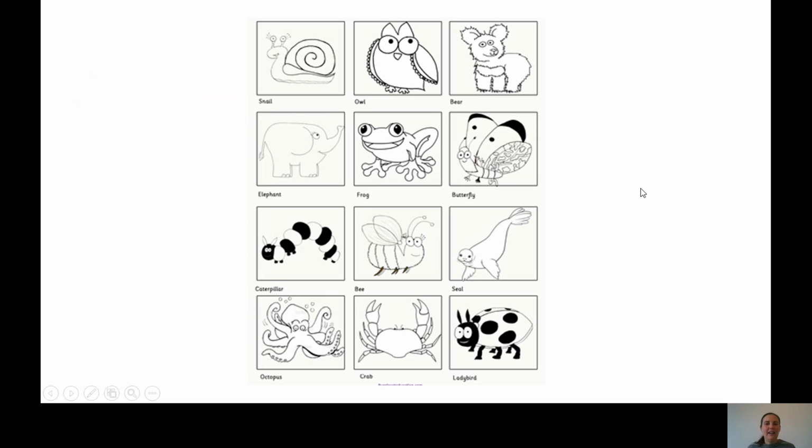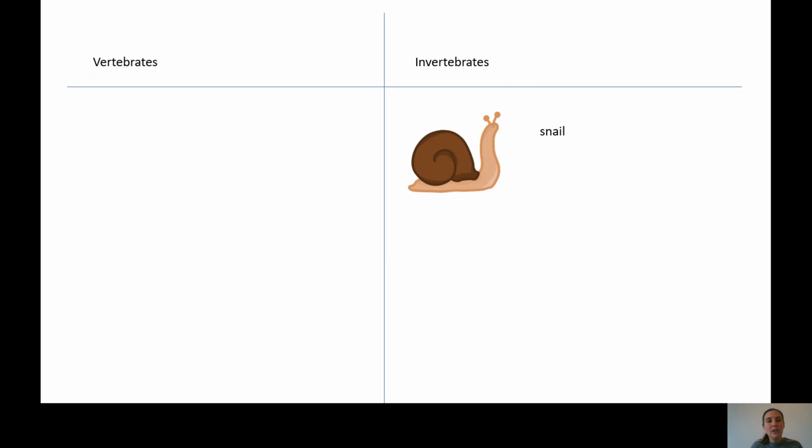Okay, so this is the worksheet you are going to have. You will have 12 animals that you need to sort. So on a piece of paper, what I would like you to do is to divide your piece of paper into two and have two columns, one with vertebrates and one with invertebrates. And you'll see that what I did was I looked on the worksheet and saw that the first animal was a snail.